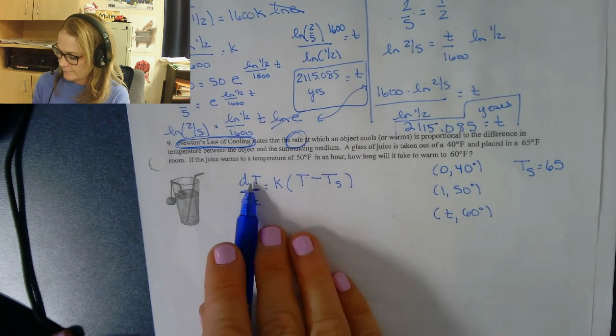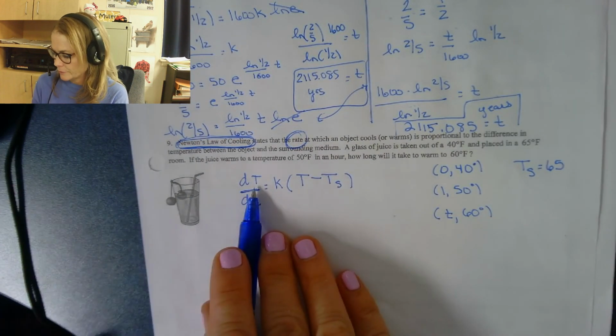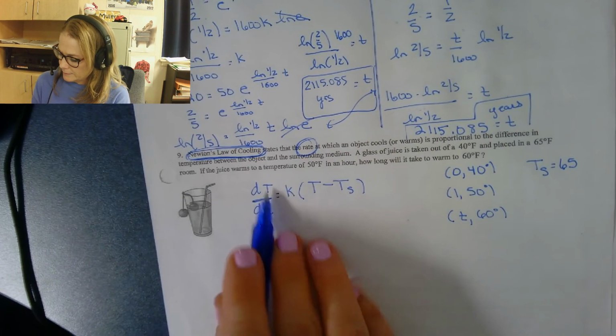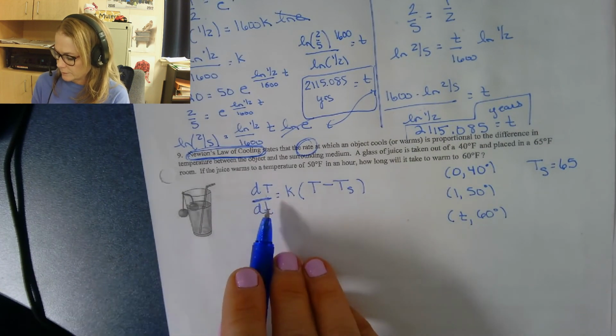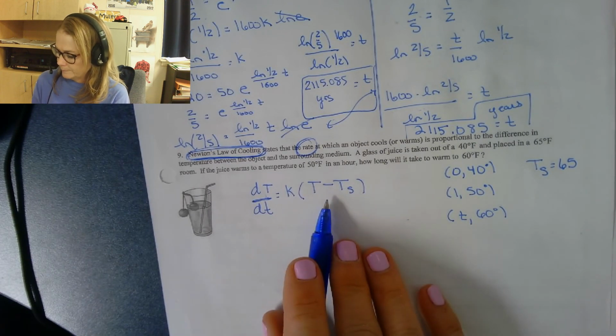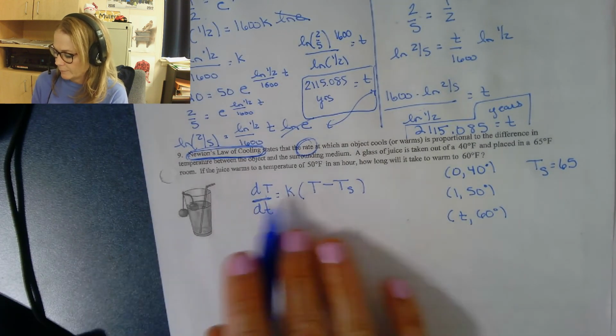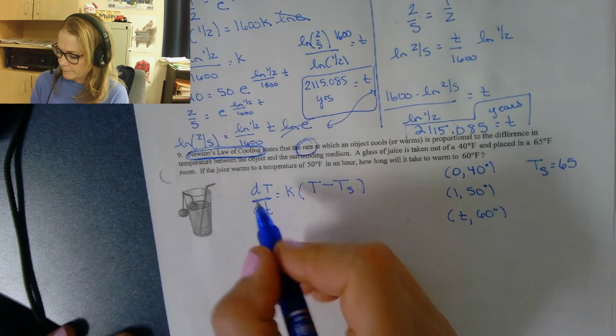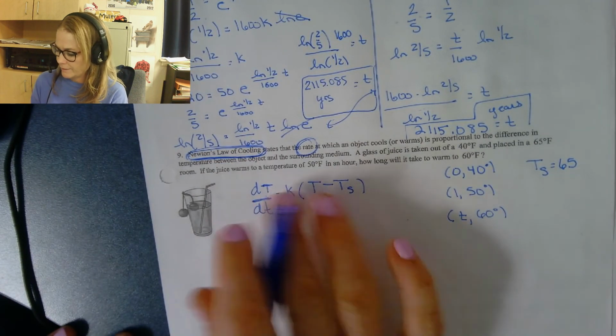So input of time, output of temperature. Y is usually your output variable, but we're using temperature here. It's like the exponential law of change, with the amount present, if you will, but now it's temperature and it's a difference.